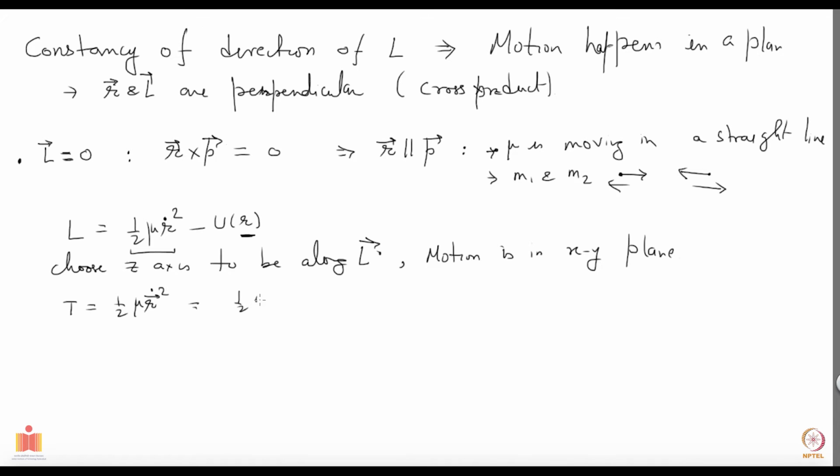So this becomes half mu r dot square, let me put a vector here, r dot square, plus half mu r square theta dot square, and then you have the potential term here. Okay, that's fine. So my Lagrangian now is, let me write it down again.